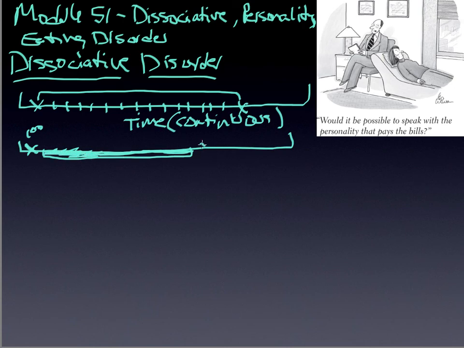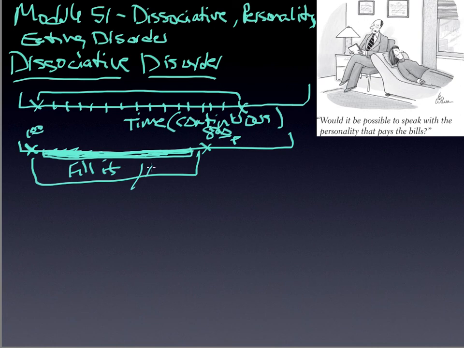The next time you might awake, if you want to call it that, would be 8 p.m., and someone were to say, what did you just do? And most of the time, the person who is DID would say, well, I was doing the same thing I was doing at 1 o'clock. So they essentially take this period of time and they fill it. That doesn't mean that that's true.